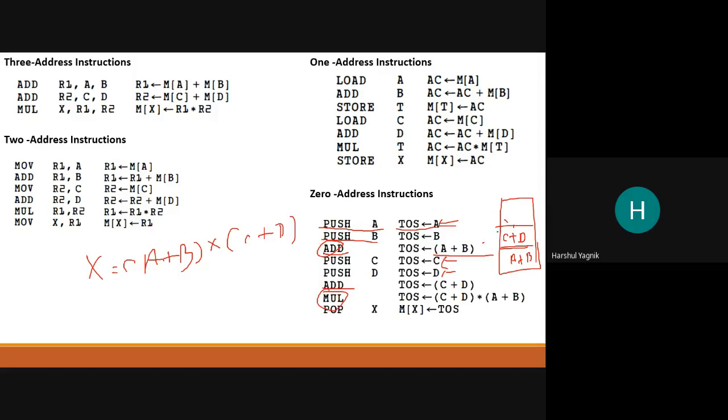That will take the last two from the stack. They are first popped out, multiplication is performed, and the result is stored back onto the stack at the bottom. And finally, the result from the stack is moved to the memory location. For that, we require the pop instruction.